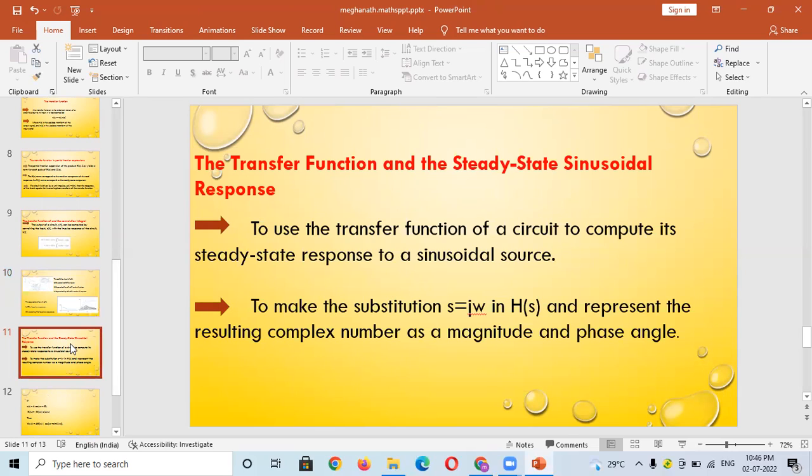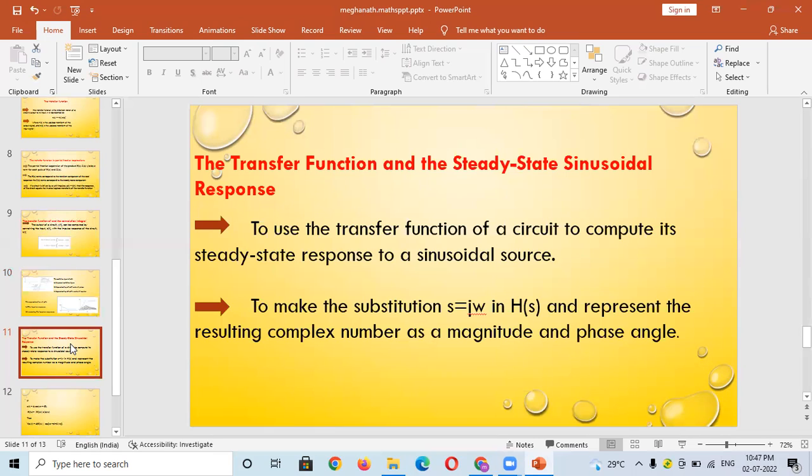This slide shows the transfer function and steady state sinusoidal response. To use the transfer function of a circuit to compute its steady state response to a sinusoidal source, make the substitution s = jω in H(s) and represent the resulting complex number as a magnitude and phase angle.